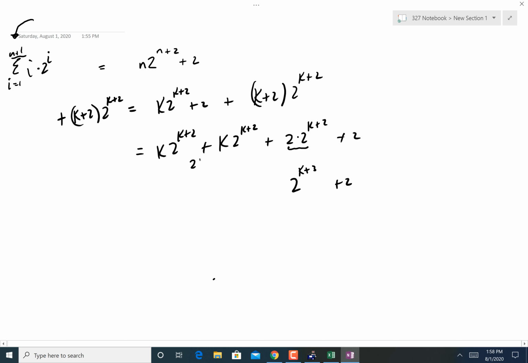This is 2k 2 to the k plus 2, but there's a 2 out front, so I could rewrite that as k times 2 to the k plus 3. These guys have this in common, so if you take that out, you're left with k plus 1 plus 2.